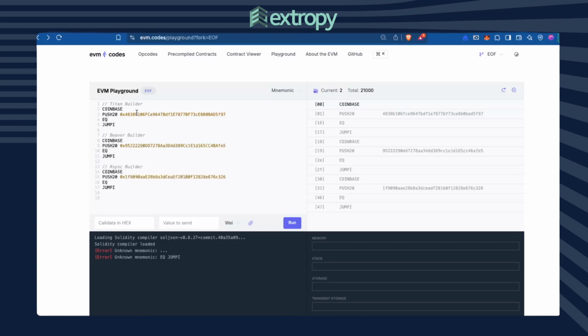So if someone takes this code and runs it locally, then presumably the Coinbase here, the person who is going to get the block reward, ignoring proposer builder separation, the block proposer, would be a certain person on mainnet when it's actually happening for real.